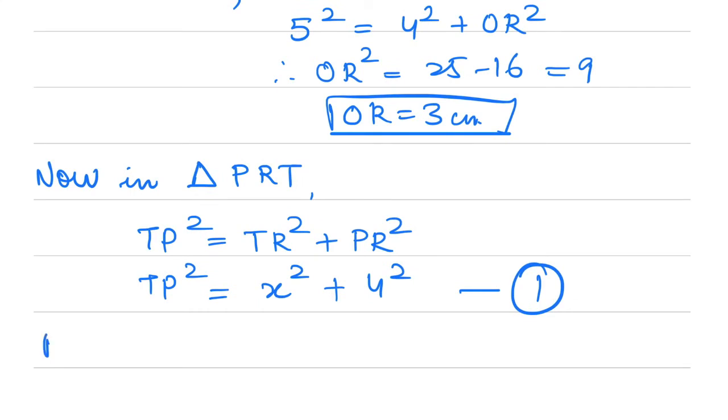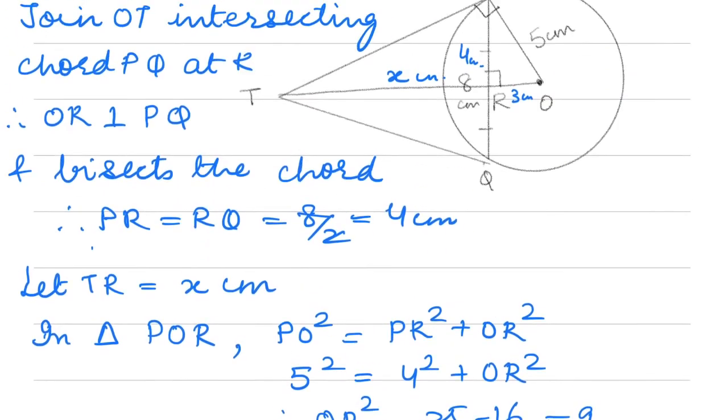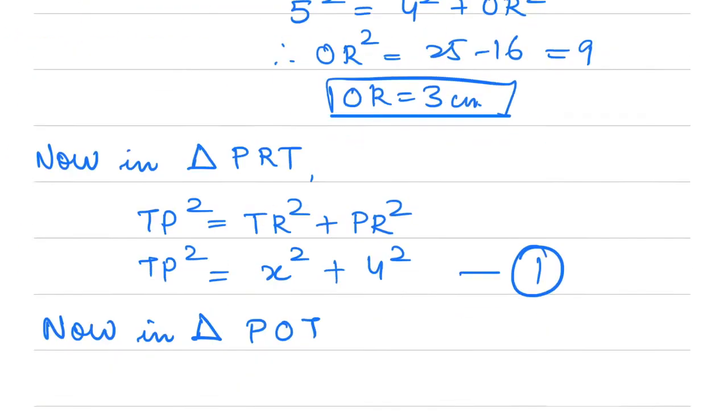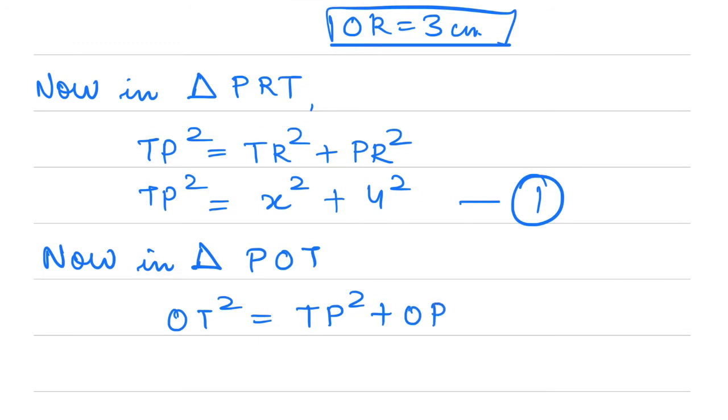Now, in triangle POT, OT square is equal to TP square plus OP square.